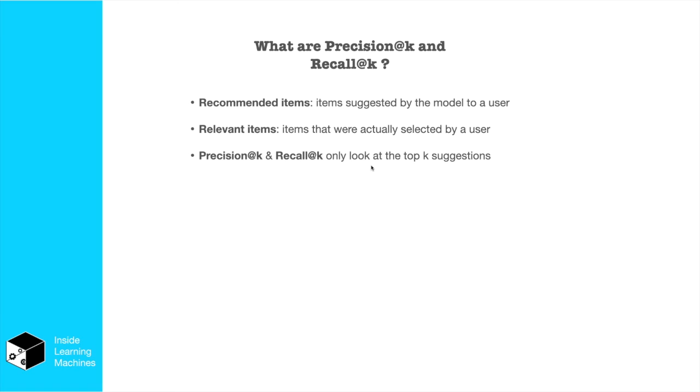But in essence, a recommender can give far more recommendations to a user than a user can realistically consume. If we go back to the movie recommendation example, for instance, a recommender could give, say, 100 recommendations a week to a user, whereas a user can only realistically watch 10, for instance. So in that case, it may make more sense to evaluate our models where k is equal to 10.